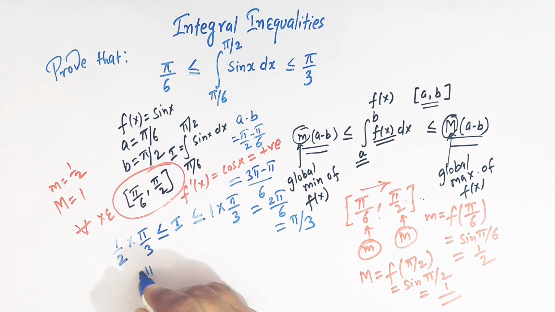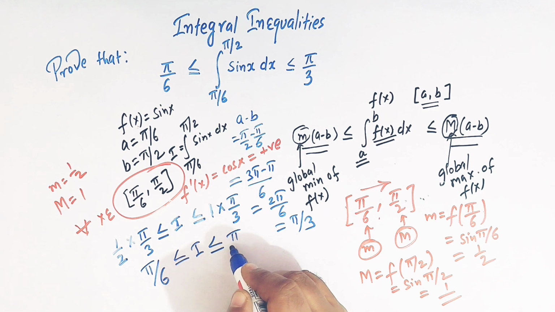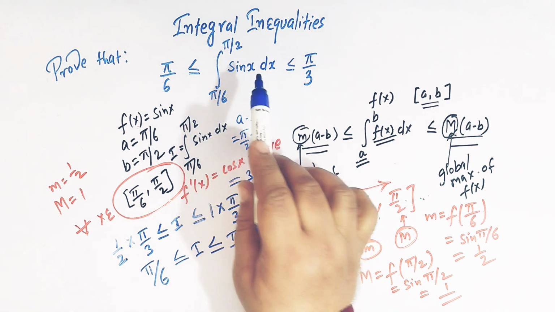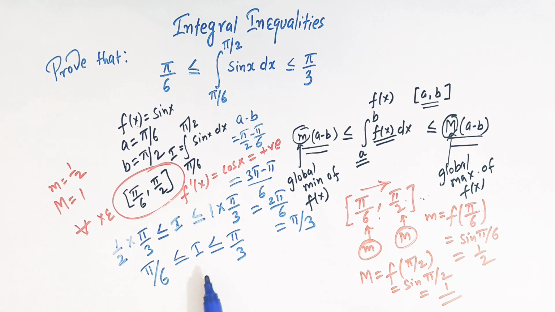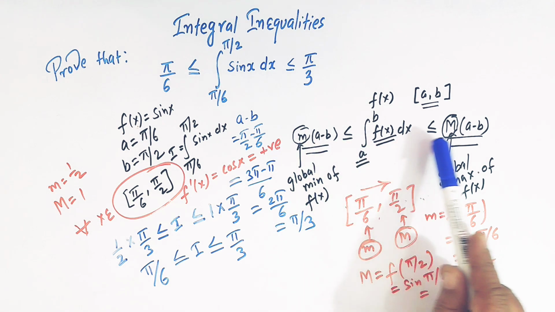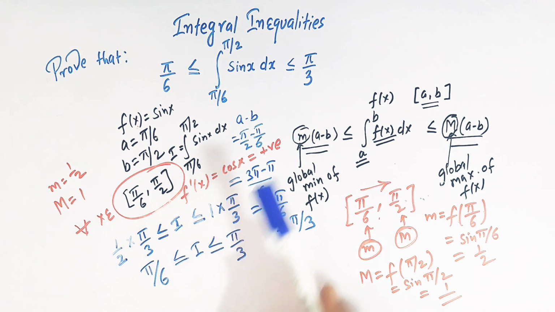Now this is pi over 6, since 2 threes are 6, less than or equal to I, which is less than or equal to pi by 3. And this is our desired inequality. So viewers, this is how, by making use of this important result from definite integrals, we can prove these kinds of inequalities.